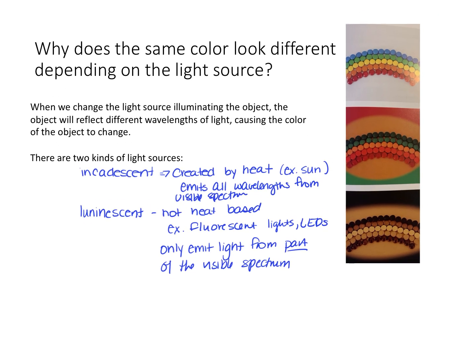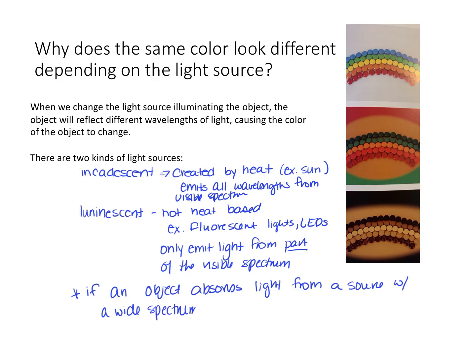If an object absorbs light from a source with a wide spectrum, like daylight, it will reflect more wavelengths, right?